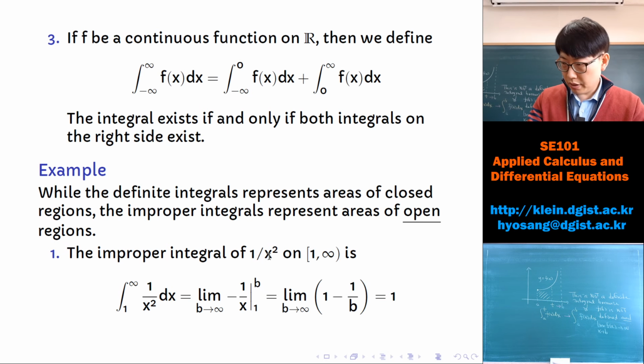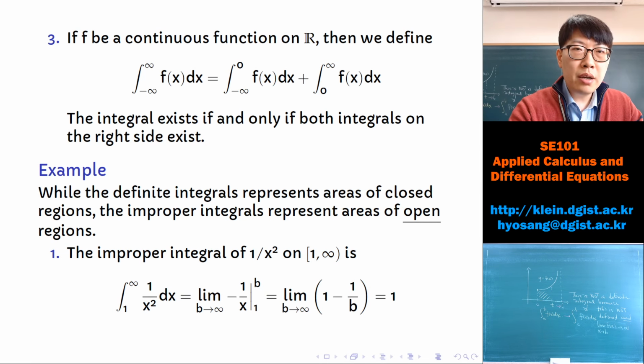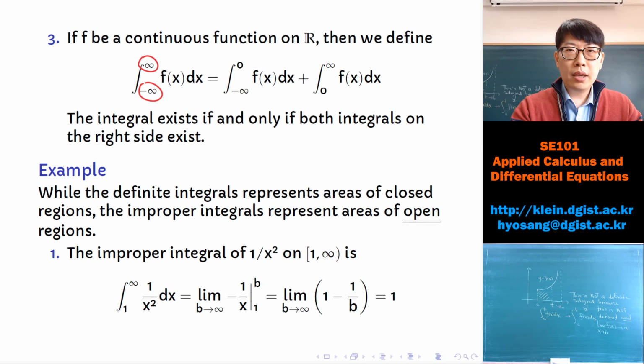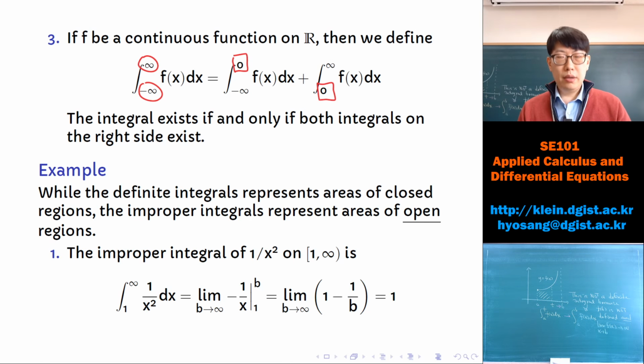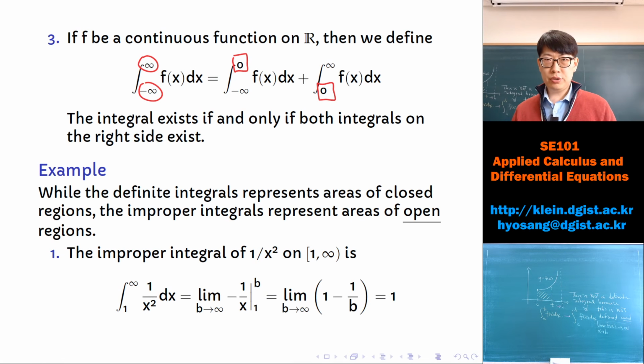And there are other situations where the discontinuous point lies in between the interval of the domain. So for example, let's say we have a function defined on the entire real line except for 0, okay? So at 0, if the function diverges, you cannot assign any value so that the function becomes continuous.